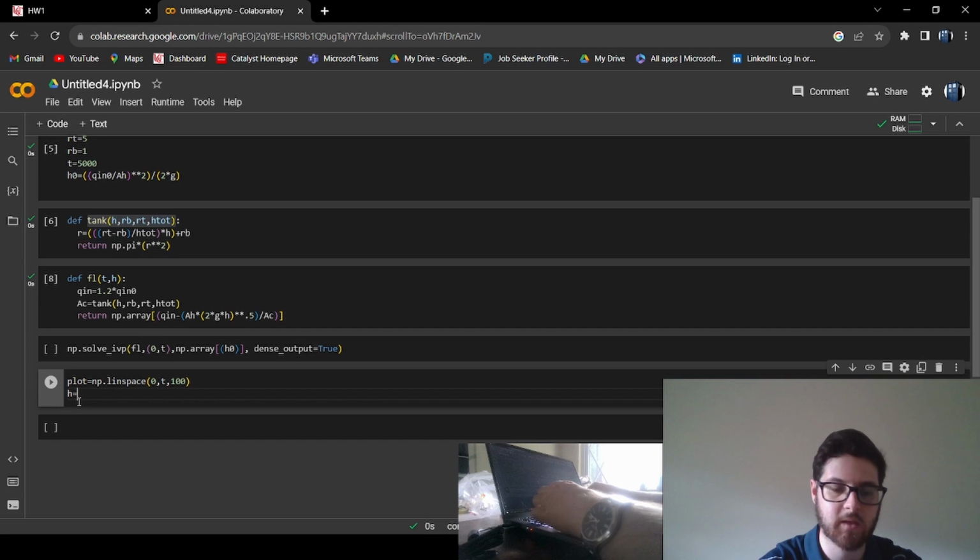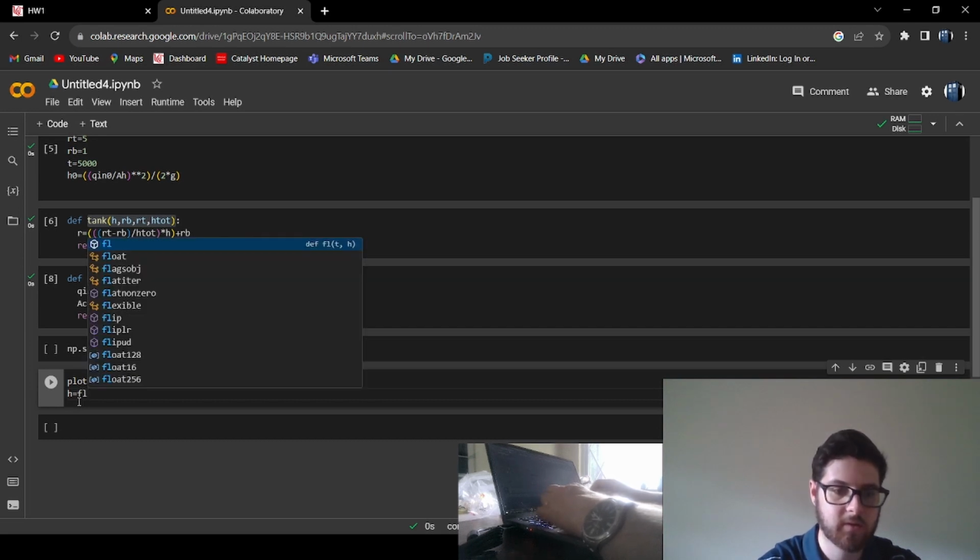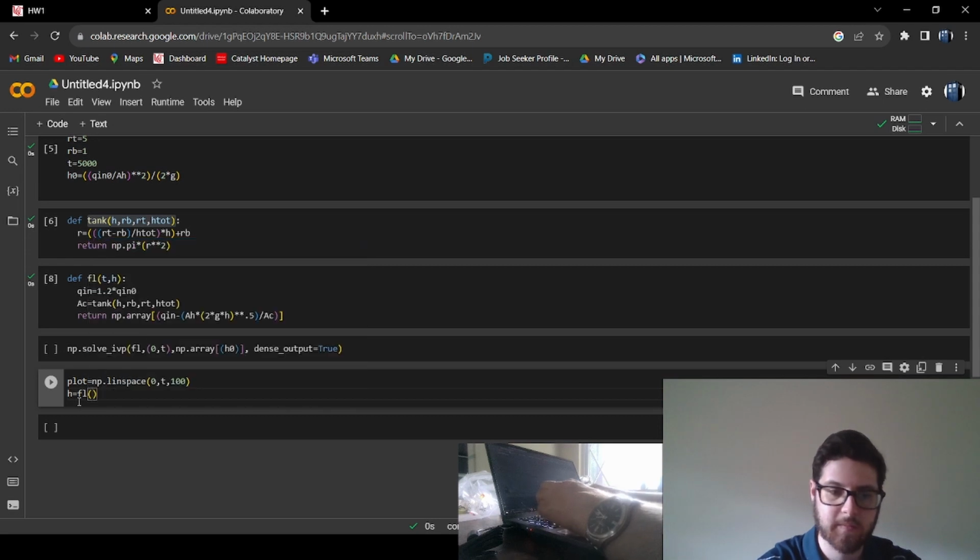H is going to be equal to the fluid level. Nope, fluid level dot solution, because we want the solution from that solve IVP. And we want it from T, and then we only want the first term.